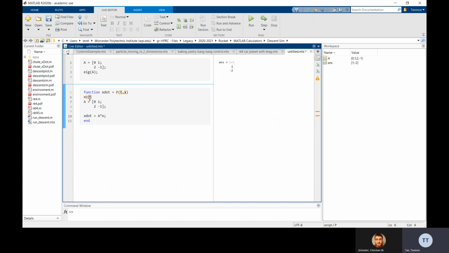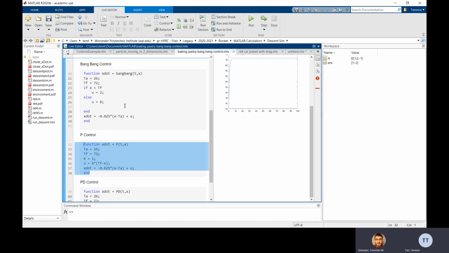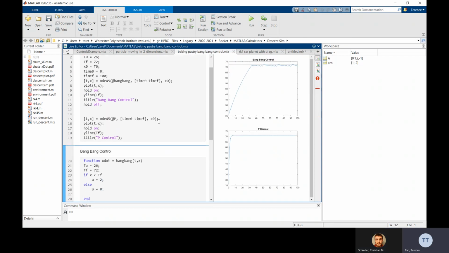It's a 2x1. So recall, you're not supposed to put the initial conditions within your function there. Right. Okay. Yeah. And then we will bring this thing.